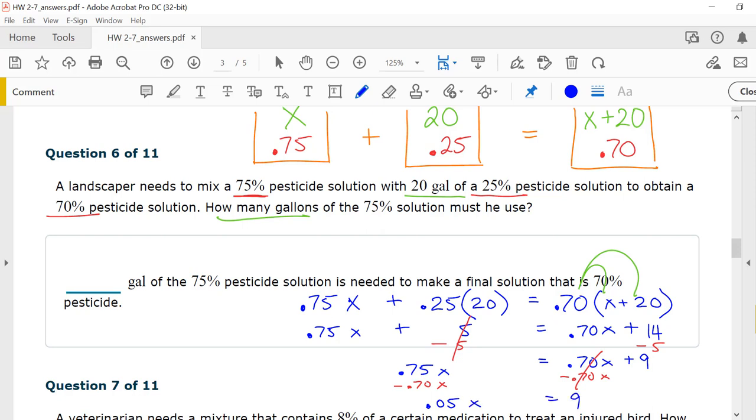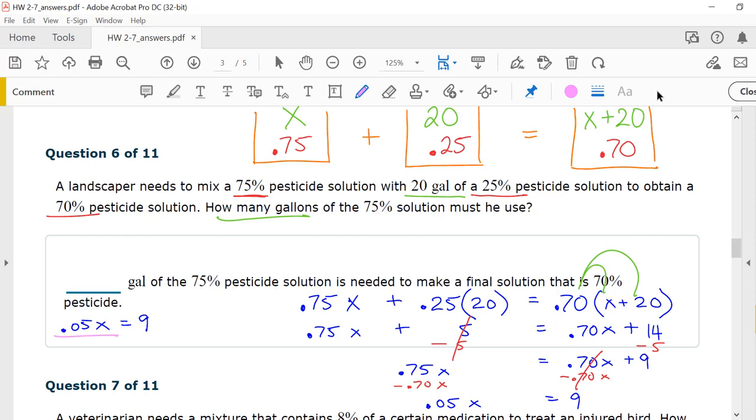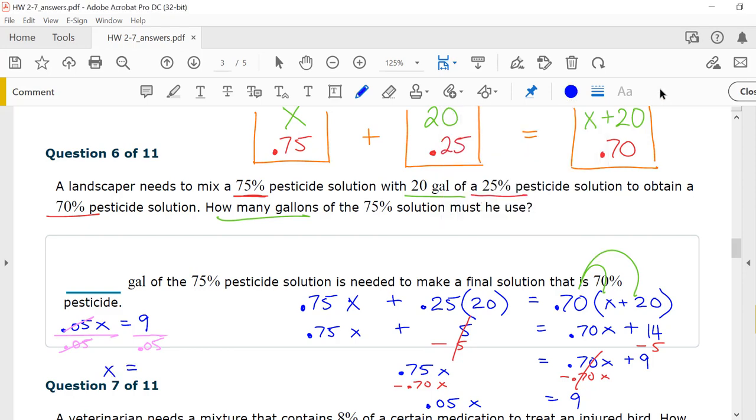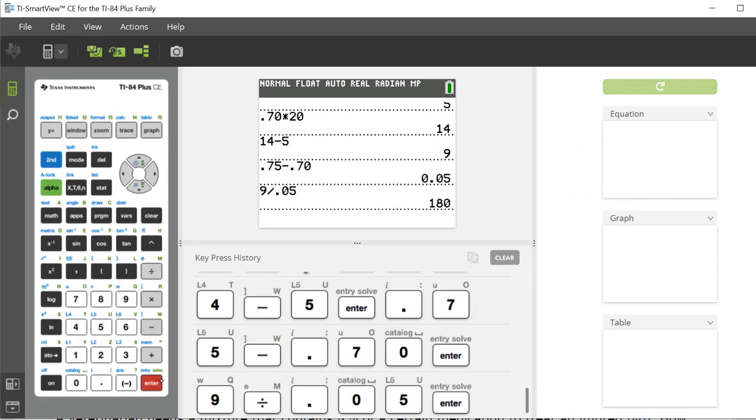I'm going to write that again over here. 0.05x equals 9. Dividing both sides by 0.05, I get x equals 9 divided by 0.05, which is 180.